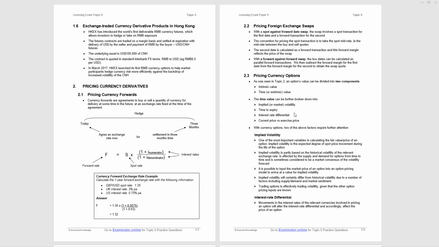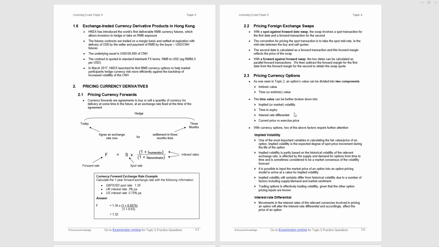We take the spot of 1.35 and multiply it by 1 plus the interest rate of the numerator currency. And the numerator currency is the US dollar, US over pound. So it's 1 plus 0.0075 divided by 1 plus the interest rate in the UK, 3%, that's 0.03.